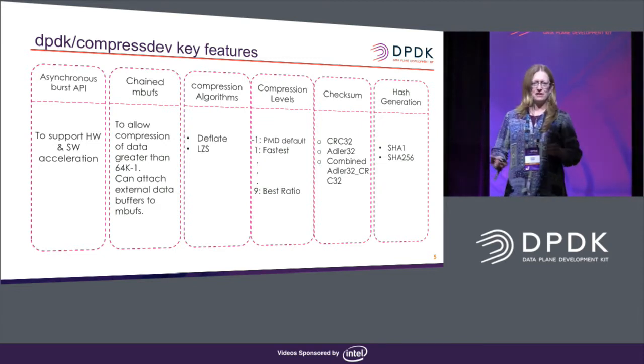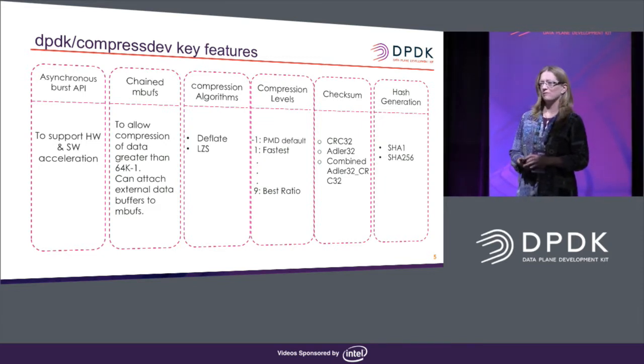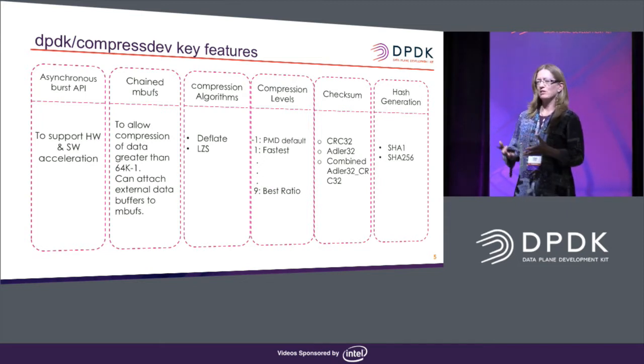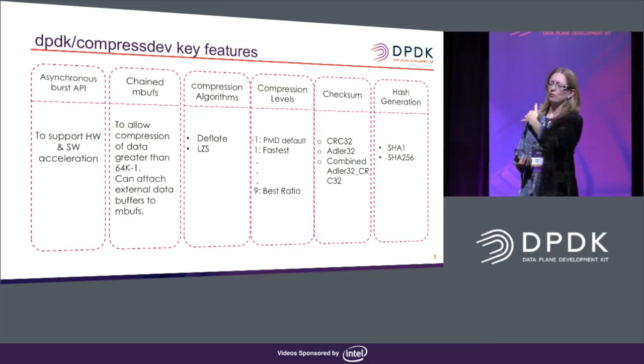So mbufs are the standard mechanism for passing data around in DPDK. They're not necessarily hugely advantageous for compression. For storage, they're more aligned for networking, which compression can be used for both of those, for both the storage and the networking areas. So we have stuck with using mbufs. We have investigated some other alternatives, but for the moment we're using mbufs.